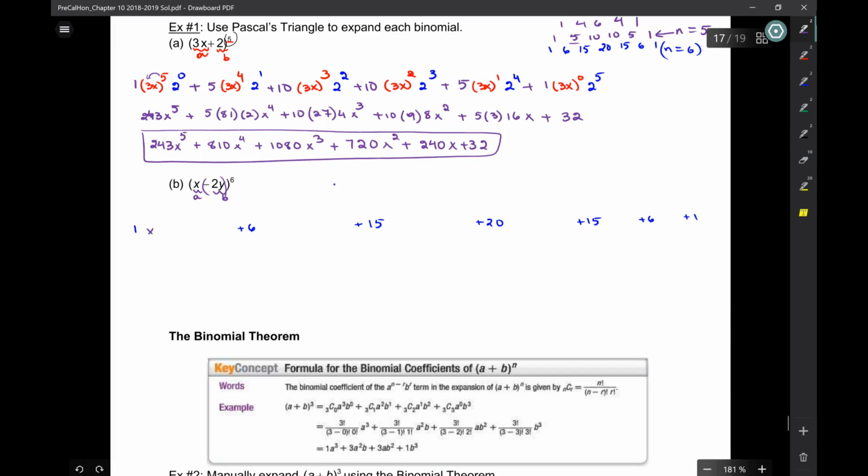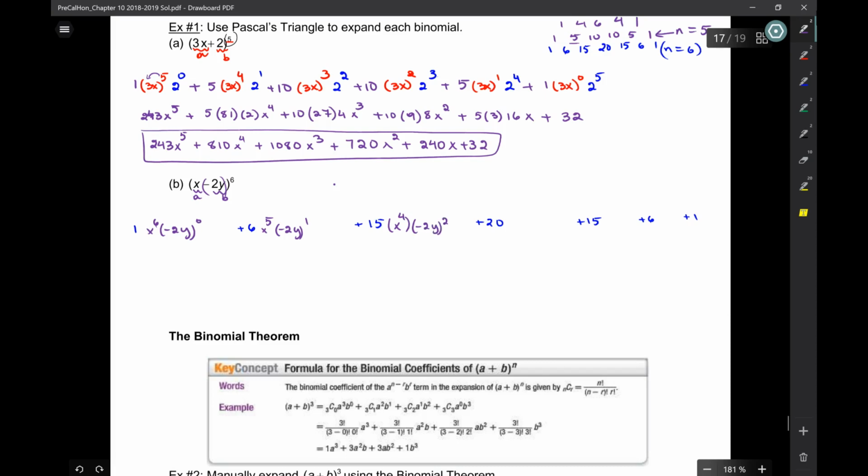All right, so let's go ahead and do this. So I have x to the 6, negative 2y to the 0, x to the 5, negative 2y to the 1, x to the 4, negative 2y squared, right?